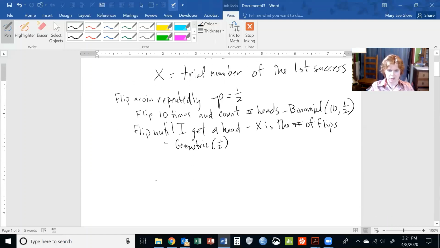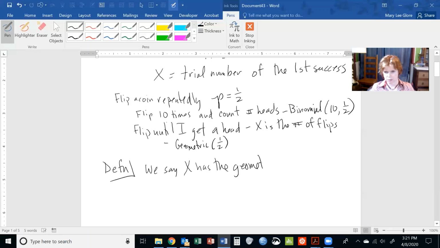All right, so let's do our definition. We say that random variable X has the geometric distribution with parameter P if, here's what has to happen.